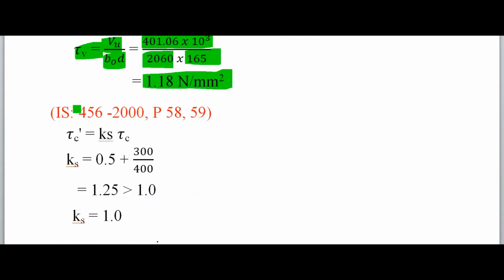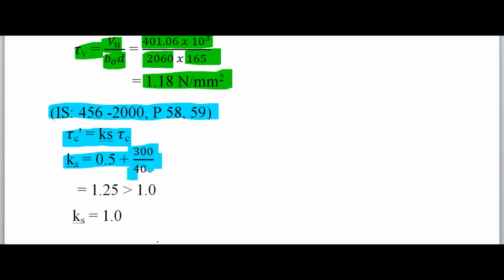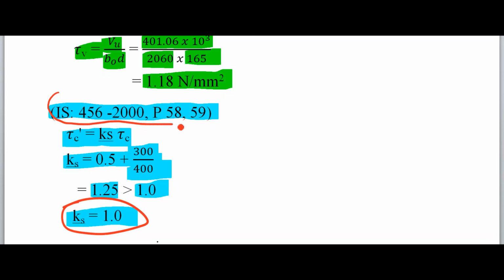And from IS 456:2000 page numbers 58, 59, we have an equation there: tau c dash is equal to Ks into tau c. So Ks is equal to 0.5 plus 300 by 400, which is 1.25, so Ks is equal to 1. From where? From IS 456:2000 page numbers 58, 59, right?